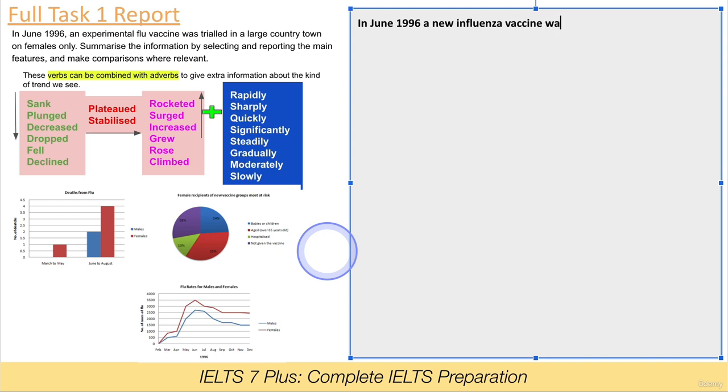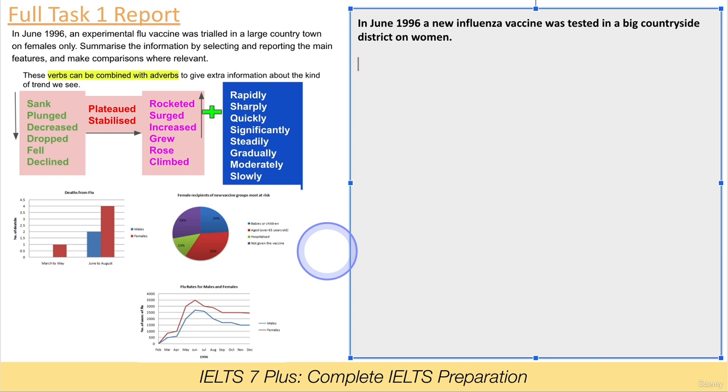Was trialled, was tested in a large country town, in a big, maybe countryside district, on women. Yes, on women. In June 1996, a new influenza vaccine was tested in a big countryside district on women. Okay, we've paraphrased to our best abilities, but we've kept the meaning, which is really important.